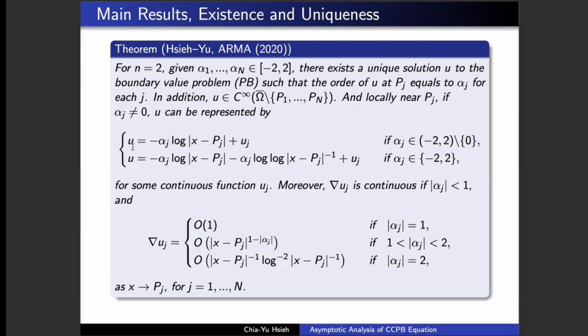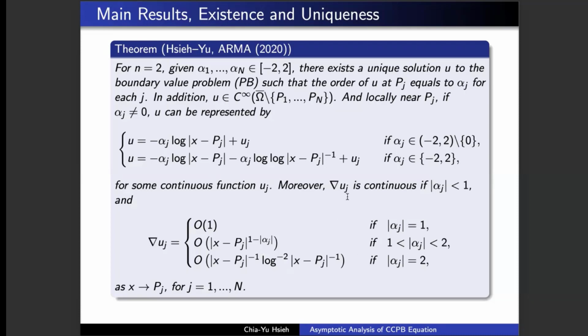That is, U can be written as a singular part, a log function, plus a regular part U_j. And this U_j is a continuous function. Furthermore, we have an estimate of the gradient of U_j of this form. This estimate depends on the range of alpha_j, but we can combine all these together.